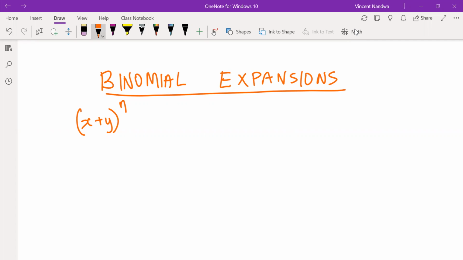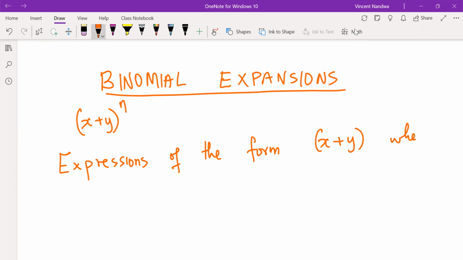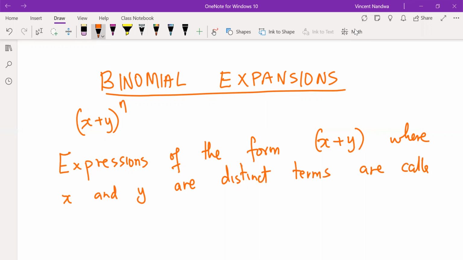So binomial expressions are of the form x plus y, where x and y are distinct terms.